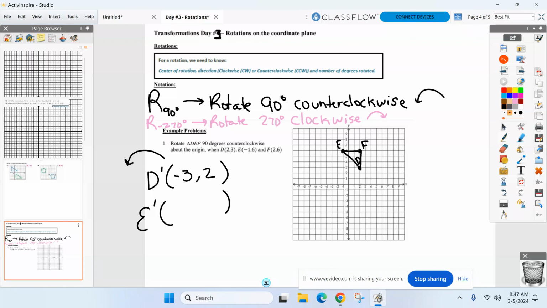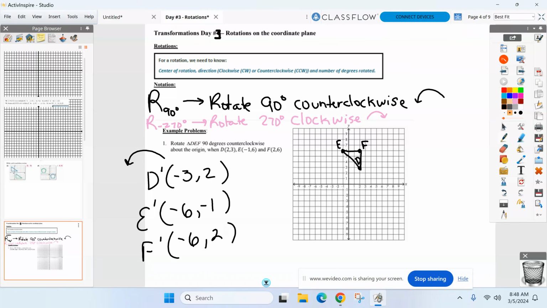So I jot that down. And do the same thing for F. Where is F prime on your axes now? Where did F move to? -6, +2.